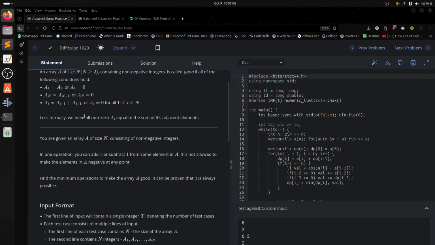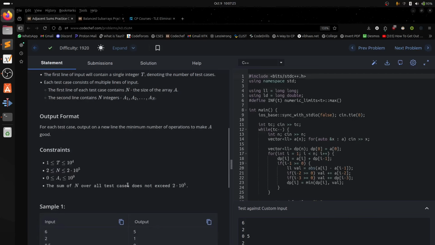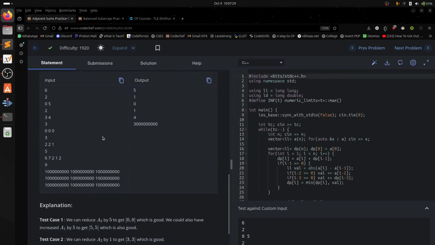In one operation, we can add one or subtract one from some element in A, and we have to find the minimum number of operations to make array A good. We can prove that it's always possible. N goes up to 10 power 5, so normal constraints.